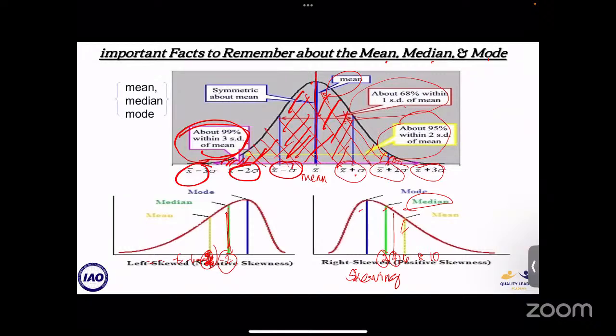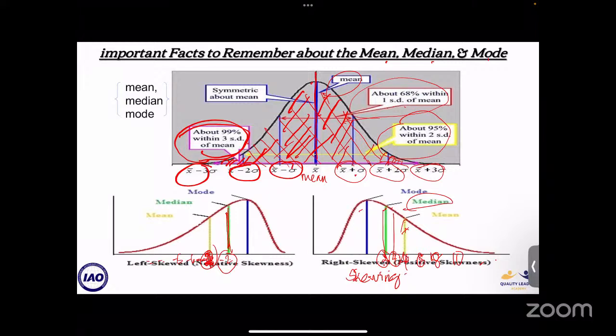Again, for the positive skewing, the median is less than the mean. For example, if the values are 2, 4, 6, 8, and 10, the median is 2 and the mean might be 4.